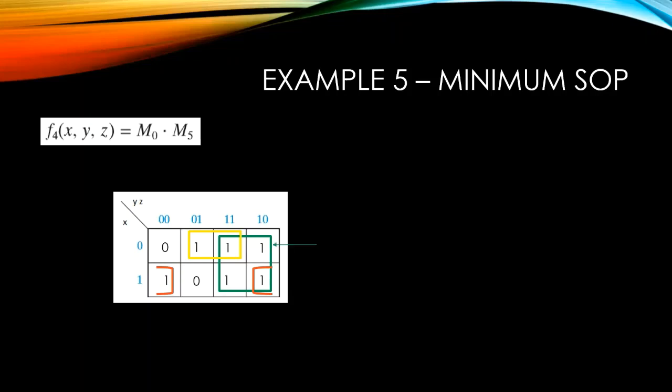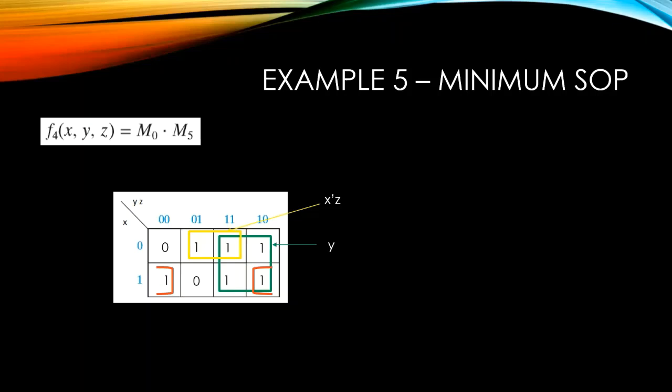So let's start with the green. What will be the equation? It's y. Only y didn't change within the group, and the value of y is 1, so the representation of the green is just y. How about the yellow? X didn't change, z didn't change, but y changed. Since x is 0 and z is 1, it is equivalent to x not z.